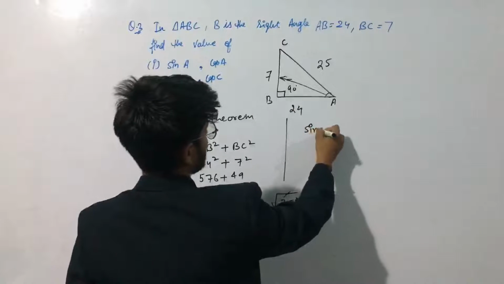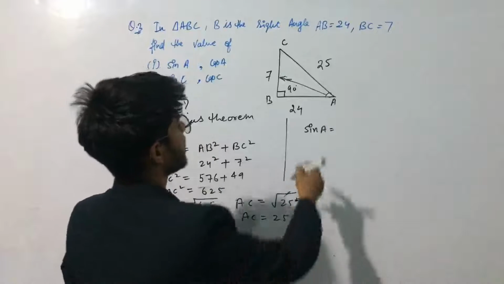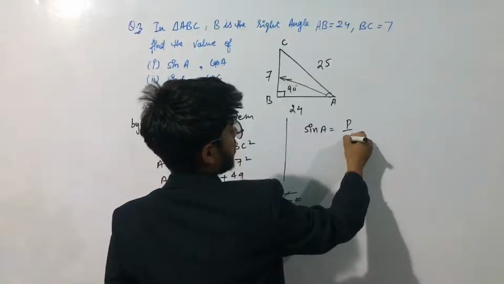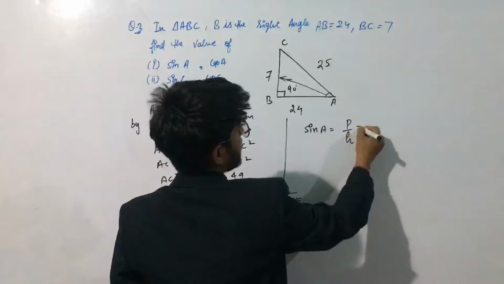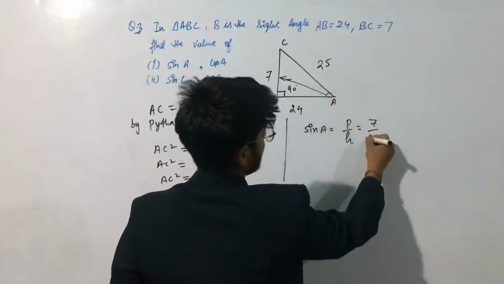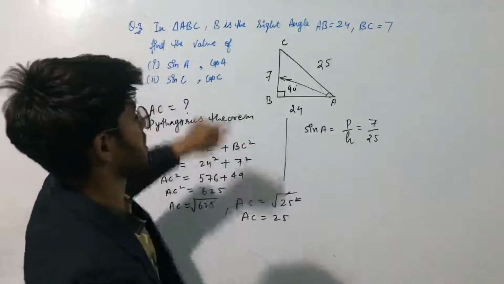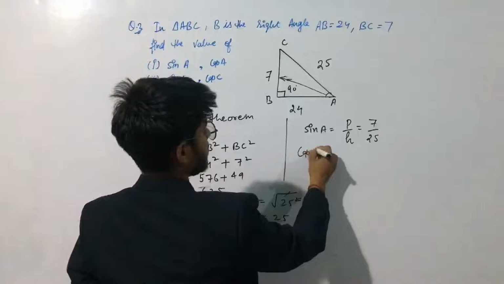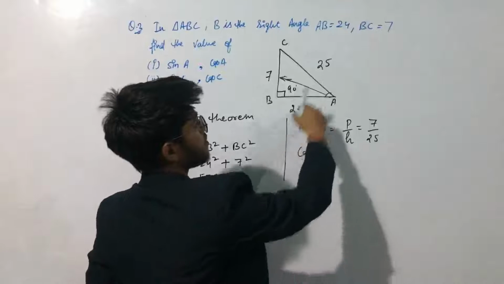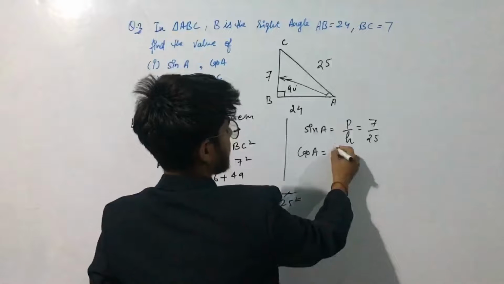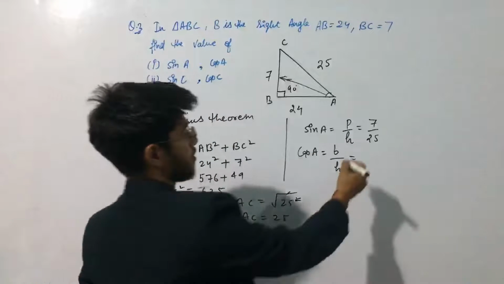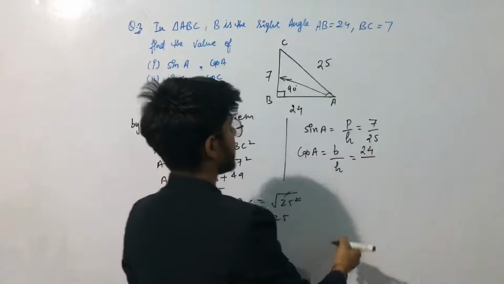Sin A is equal to perpendicular upon hypotenuse. Perpendicular is 7, hypotenuse is 25. And cos A is equal to base upon hypotenuse. Base is 24, hypotenuse is 25.